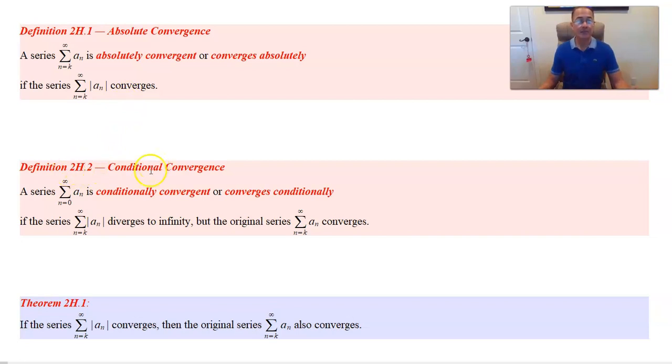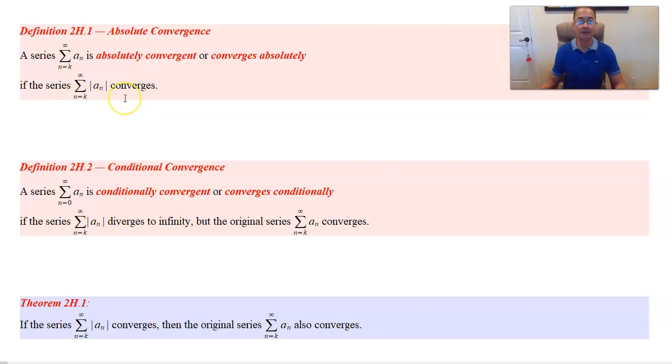Conditional convergence. A series is said to be conditionally convergent, or converges conditionally, if the series formed using the absolute values of the terms, like we did in the first definition, diverges to infinity.